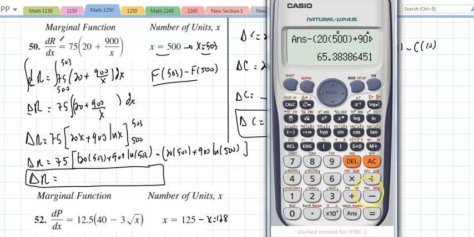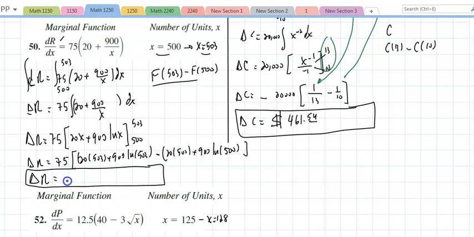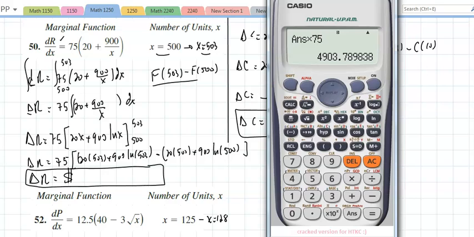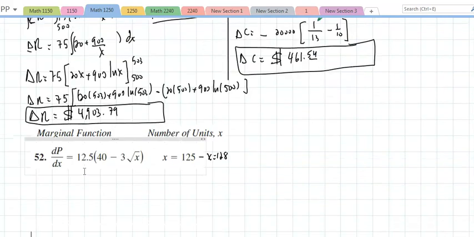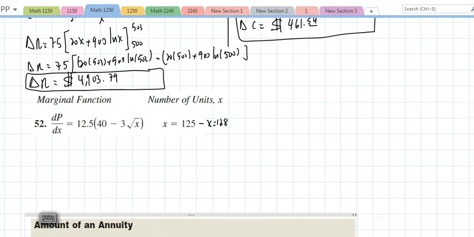And if I take that and multiply it by 75, I'll get the total to be $4,903.79.